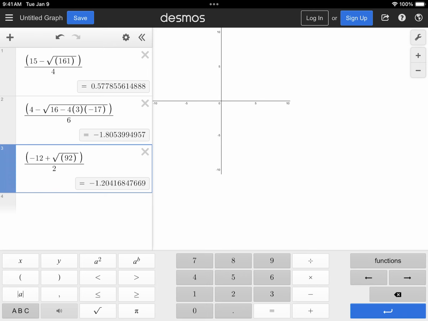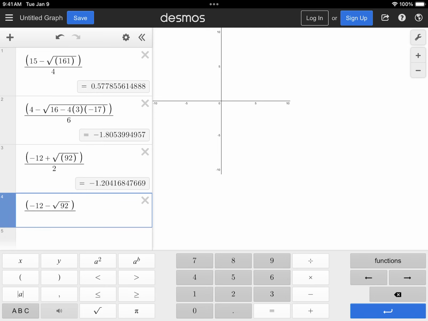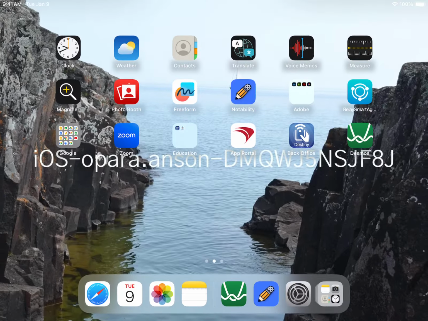And then the other one, so I just copy this. I'll just do it right below it. I'll do negative 12 minus square root of 92 divided by 2. So I got negative 1.2 and negative 10.8.